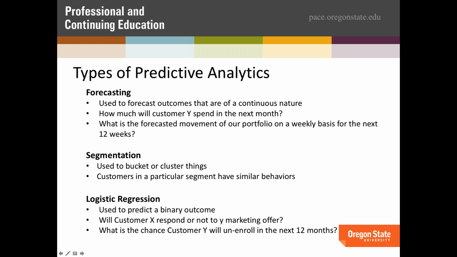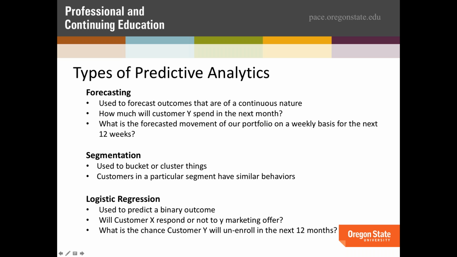Another example that's big is in banks and insurance. A bank will use segmentation to say these customers are high risk because they have variables that are similar to customers who in the past defaulted on their loan, that have similar trends or variables. Or insurance companies will say this group of people left our insurance to go somewhere else last year.